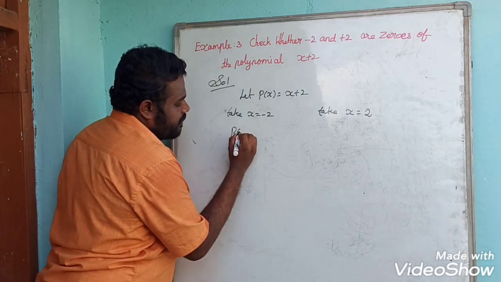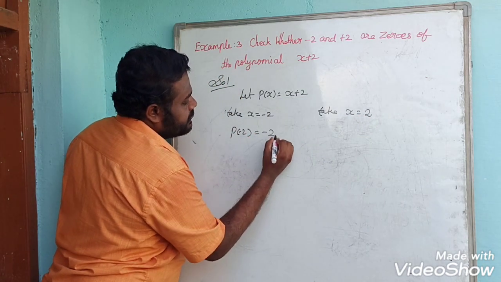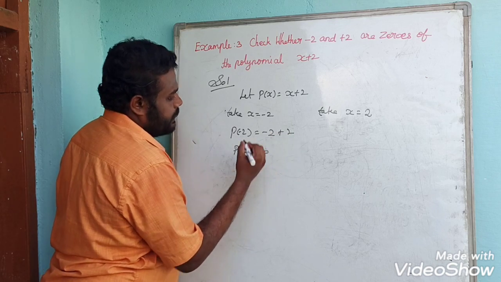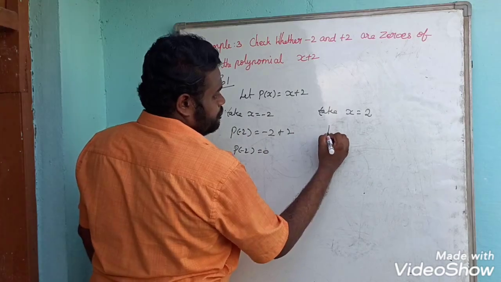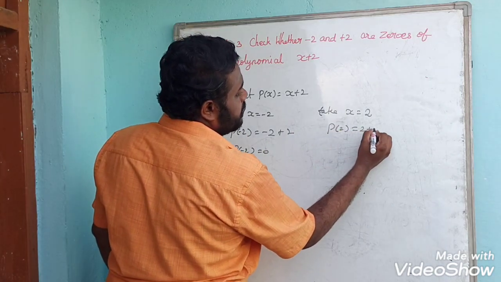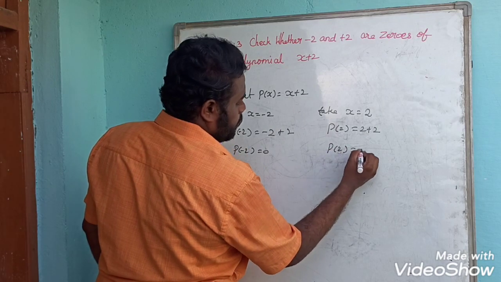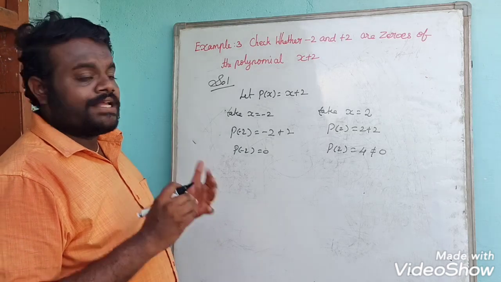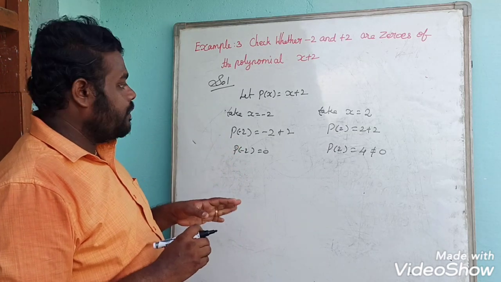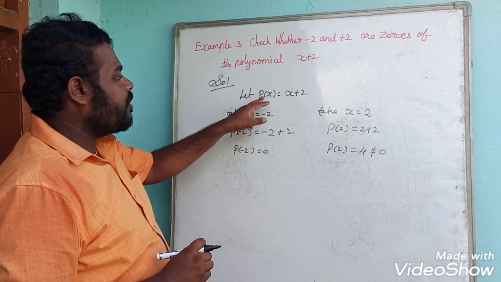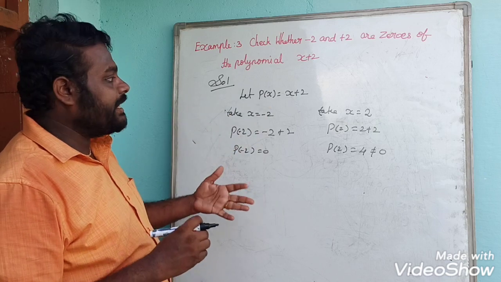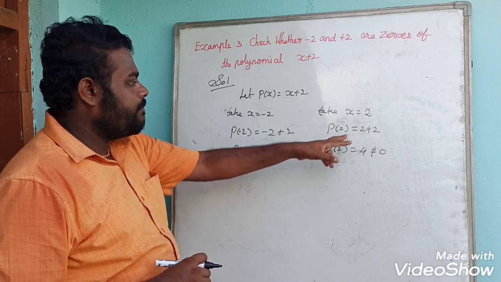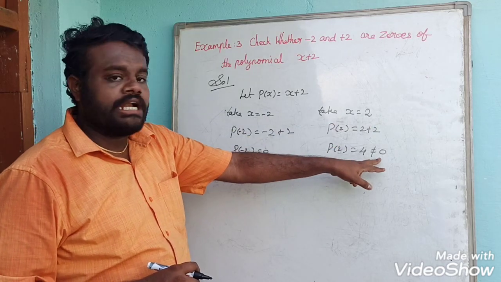First, p of minus 2 equal to minus 2 plus 2, so p of minus 2 equal to 0. In the same way, p of 2 equal to 2 plus 2, so p of 2 equal to 4. That is not equal to 0. So when we substitute a value instead of the variable and the polynomial p of x becomes 0, we take it as a zero of the polynomial. Here I substitute minus 2, we get 0, but plus 2 we get 4, that is not equal to 0.